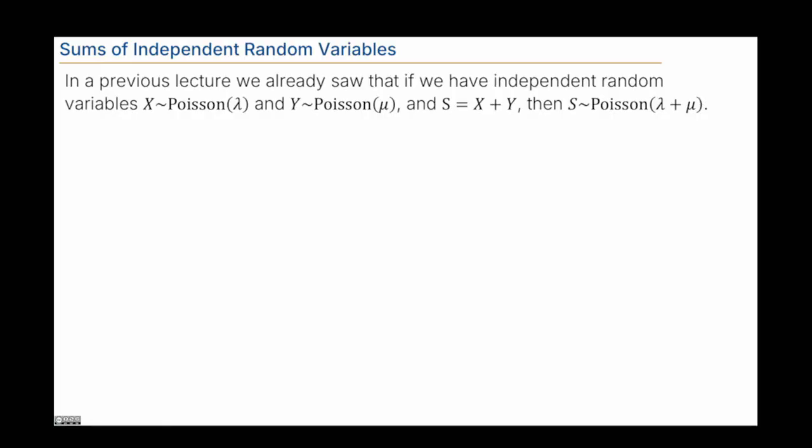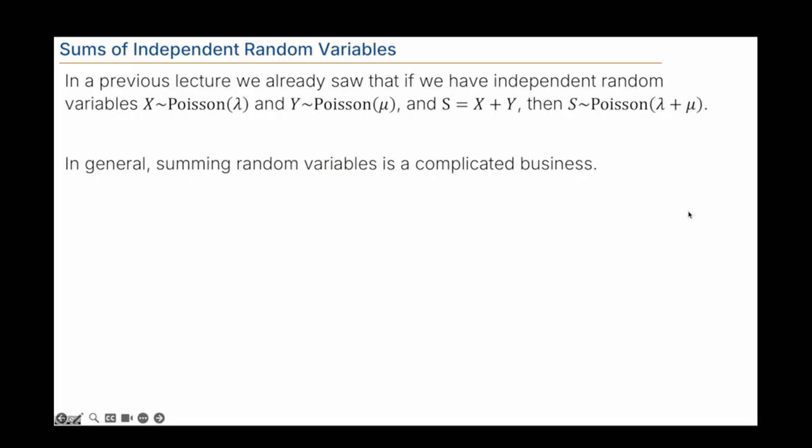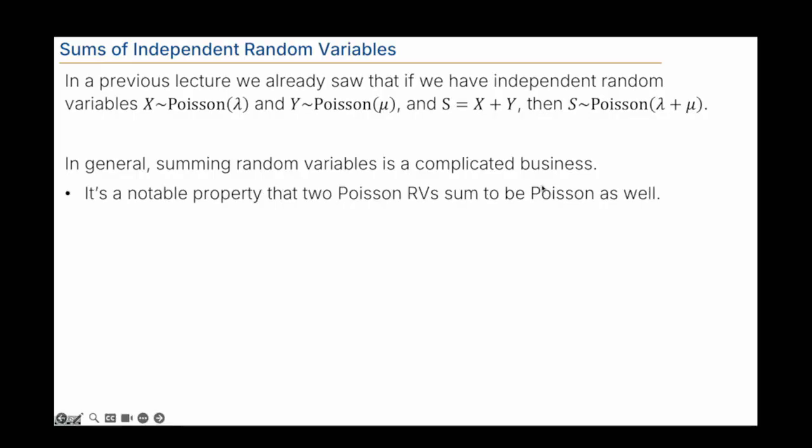Like if I have 2 independent objects emitting radiation at a certain rate, and we sum how much radiation we get from them, it should be just the same as if you had one radiation source that was radiating twice as quickly. Okay. And so in general, though, while Poisson is nice, other random variables, things get messy when you sum them together. Like it's a very notable property that 2 Poissons give you a Poisson.